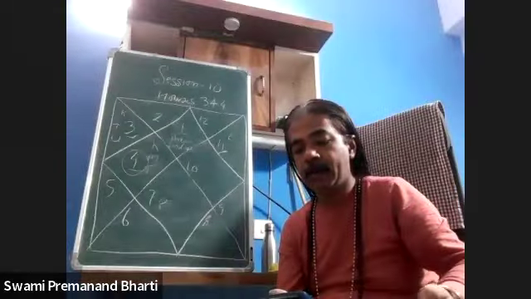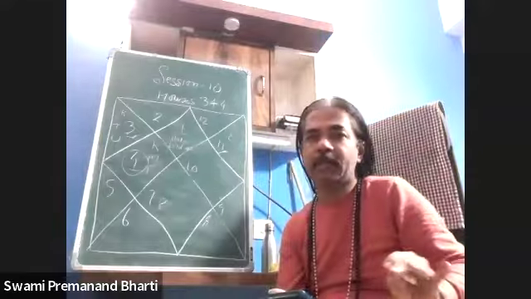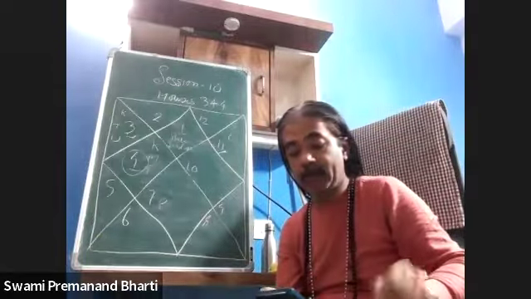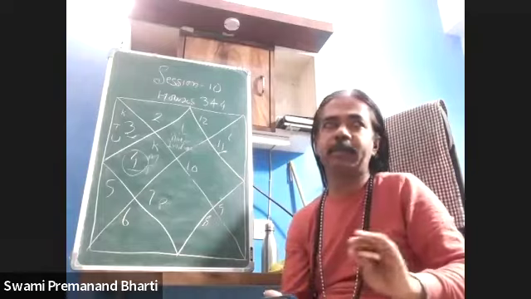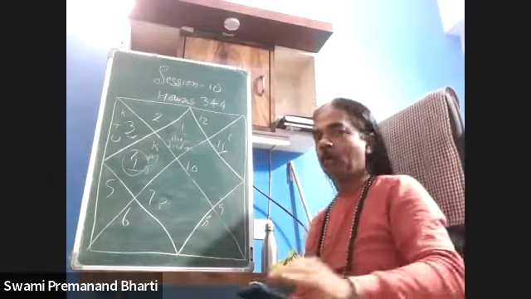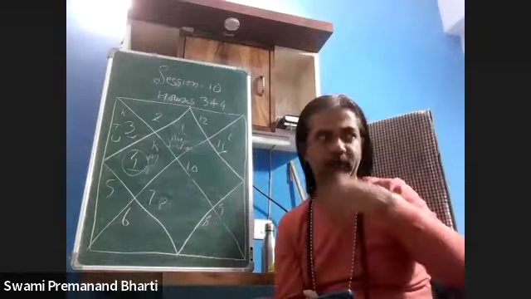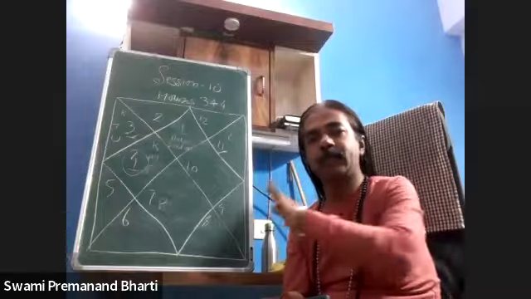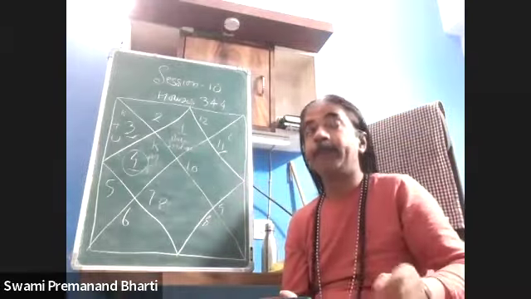It represents emotions, care, and nourishment. It represents home, private properties, real estate. If someone wants to buy land, property, or any real estate, this is the main house.